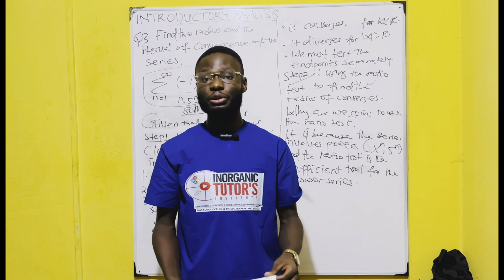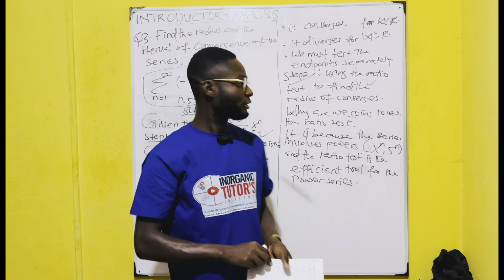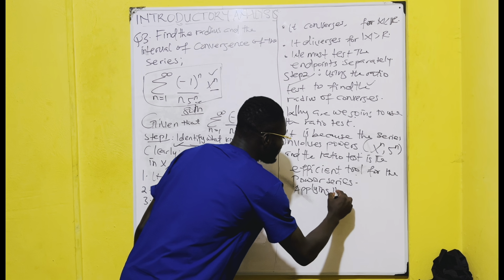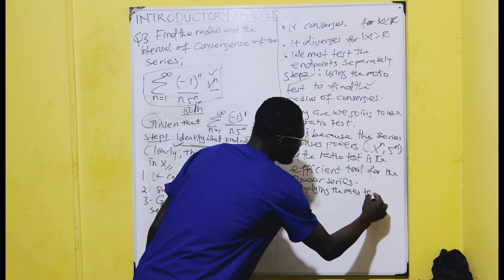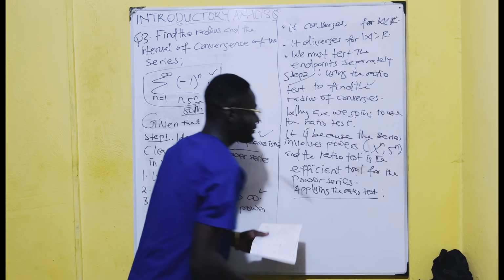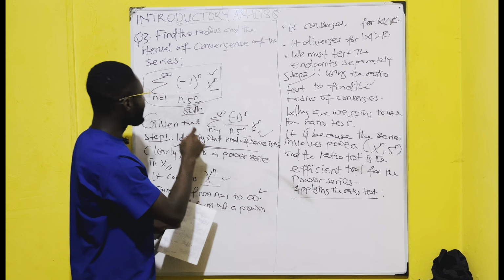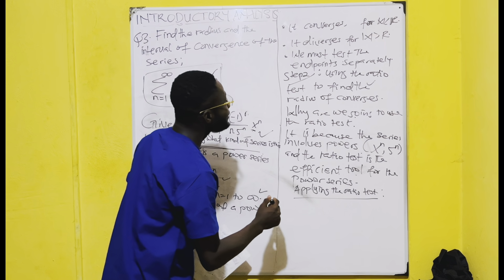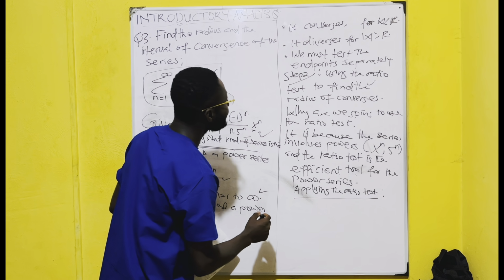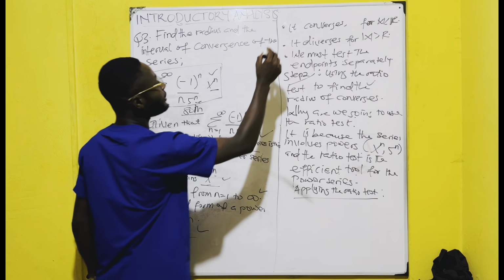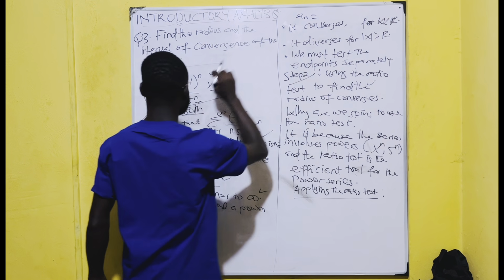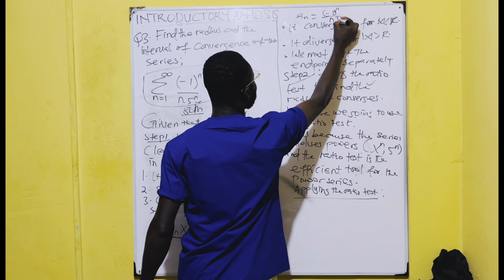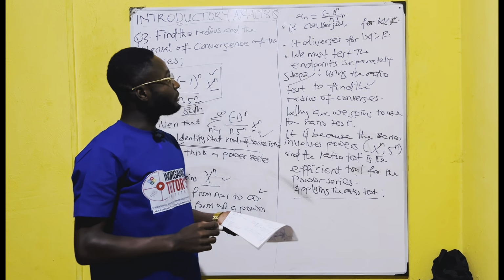So applying the ratio test, we identify a sub n to be equal to negative 1 to the power n divided by n times 5 to the power n.